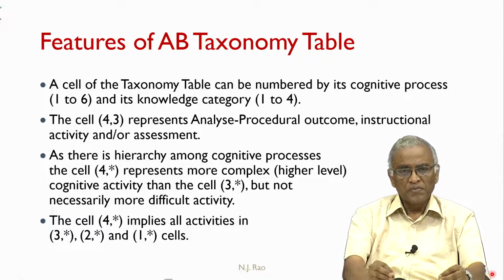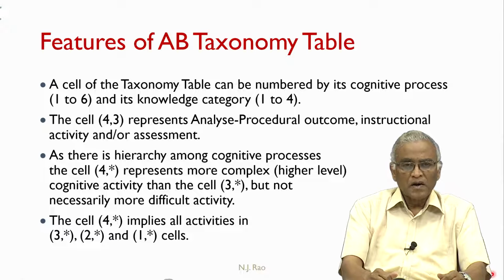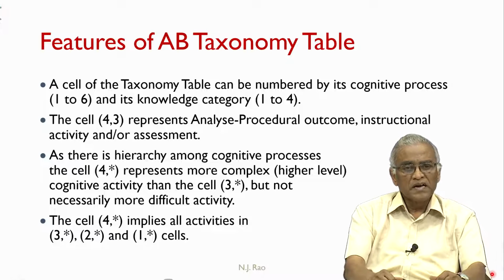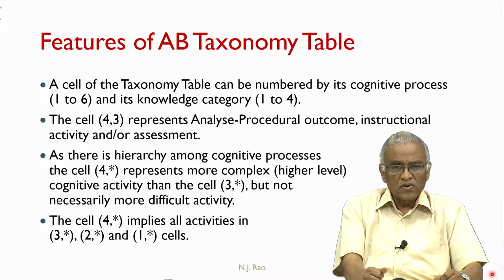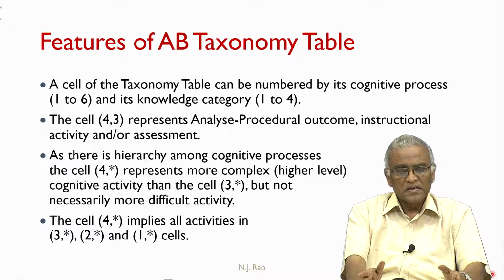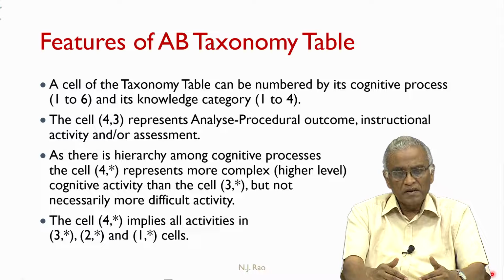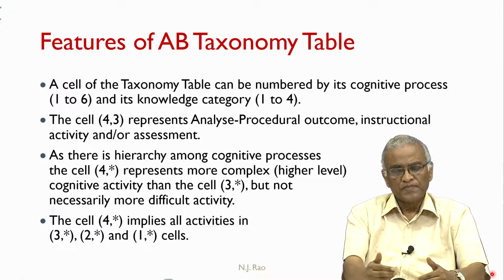So, this is a very important facet of complexity and difficulty, though it does not directly get reflected in the taxonomy table, but if one wants, they can add another dimension of difficulty to that.